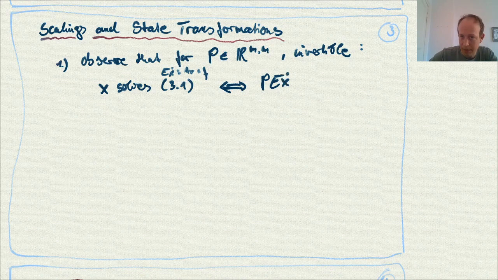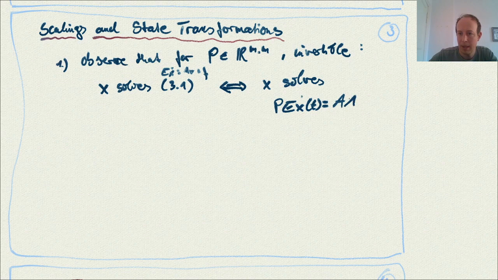So this if and only if x solves, well, the same thing, just multiplied by a P. P E x dot of t is P A x of t plus P f of t.